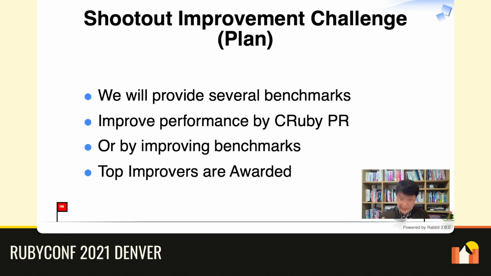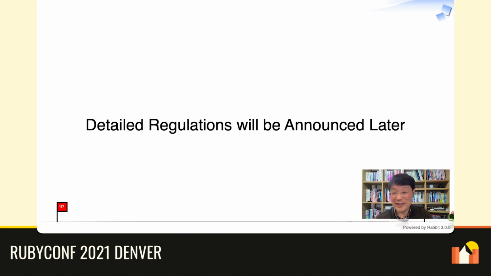Those submissions are evaluated according to portability, manageability, and performance, and then top improvers are awarded, probably with some kind of encouraging grants. But we are still discussing, so detailed regulations will be announced later by the Ruby Association.